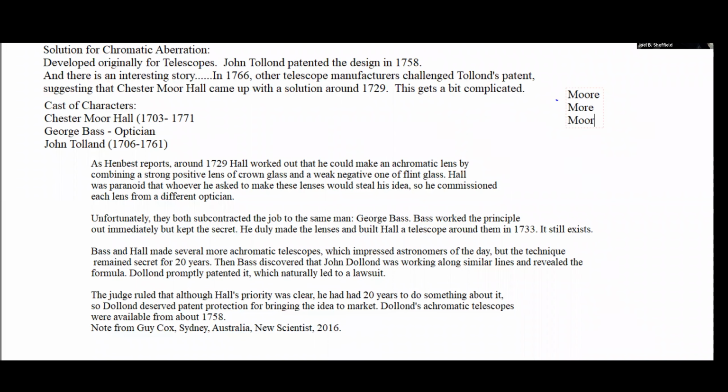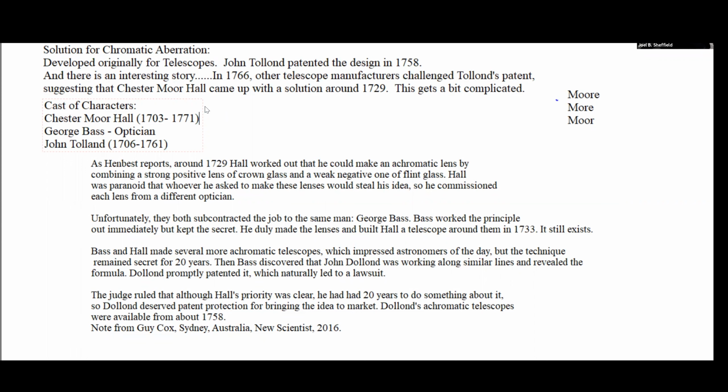So he was basically an optician, and he realized that for telescopes where the lenses were pretty large, you could actually make this kind of lens in which you could create a double lens in which one type of glass would be a concave lens and the other would be a convex lens.